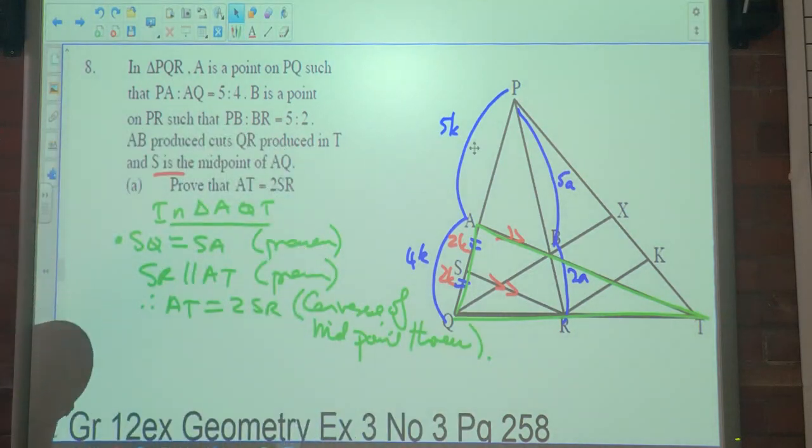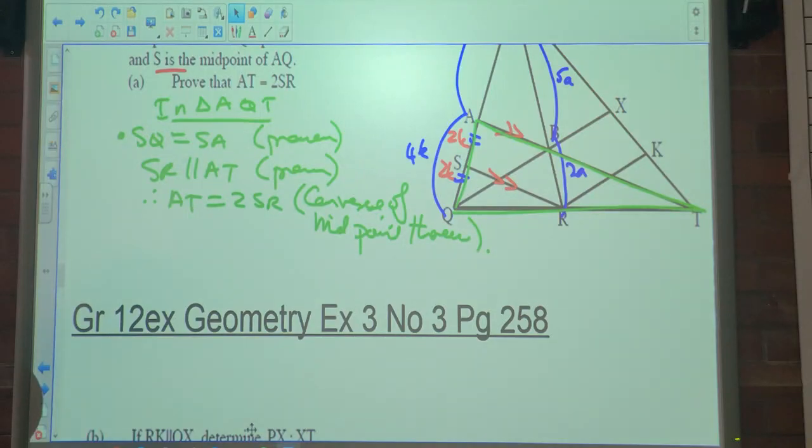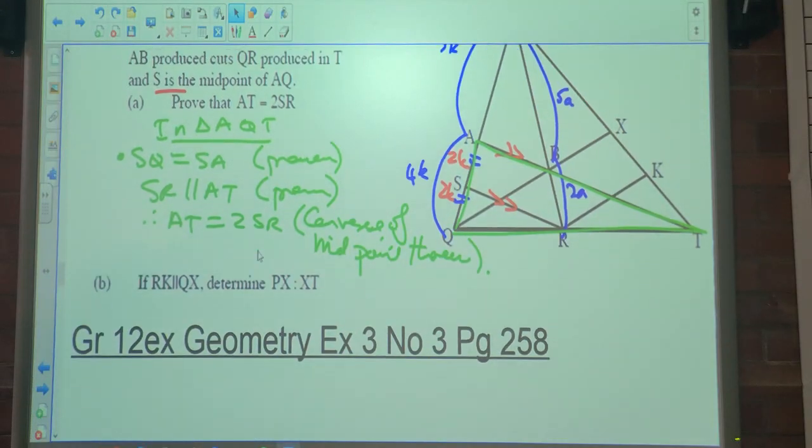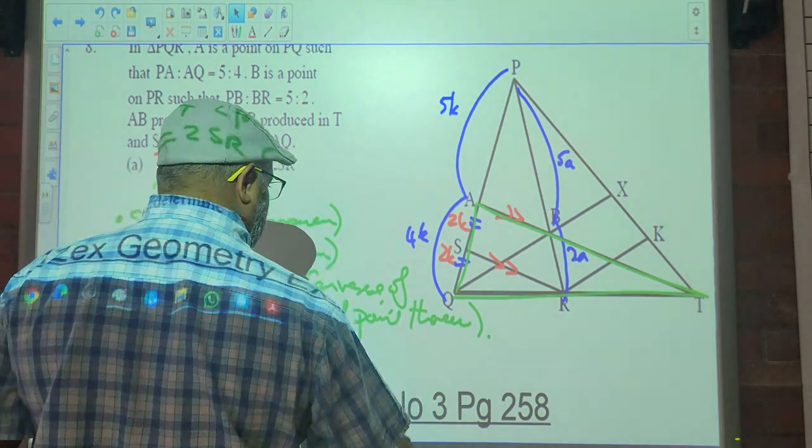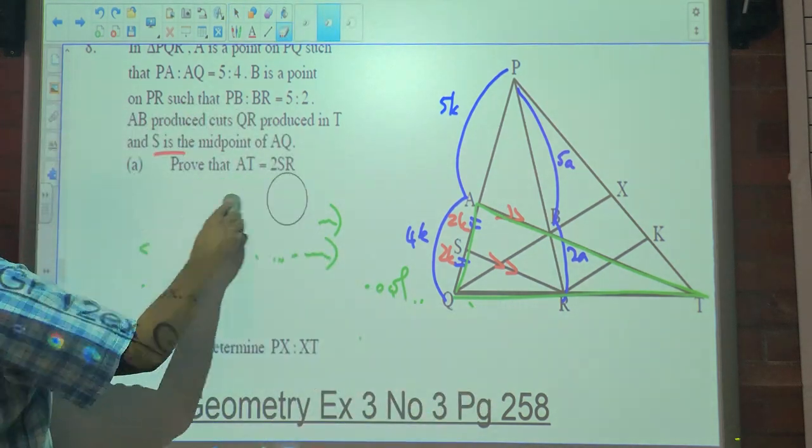And then the last question. You must prove that. I'm going to take this off here, as we now know that the midpoint theorem is evident there.